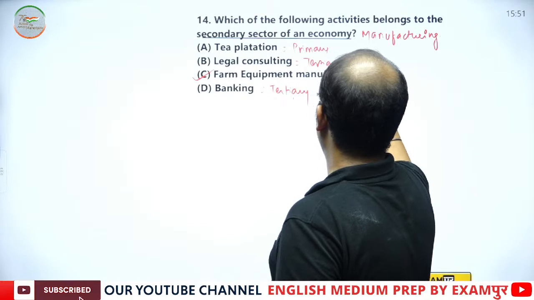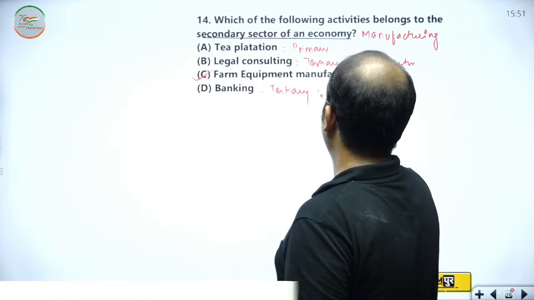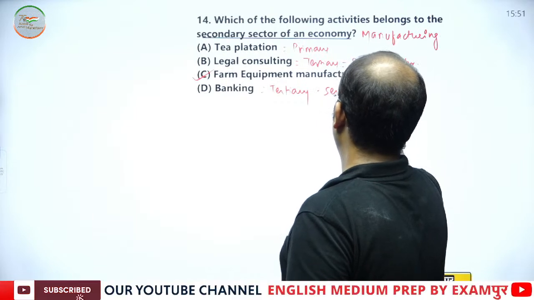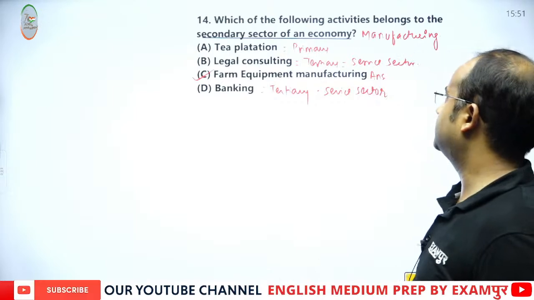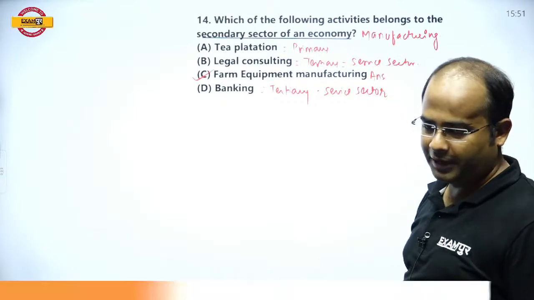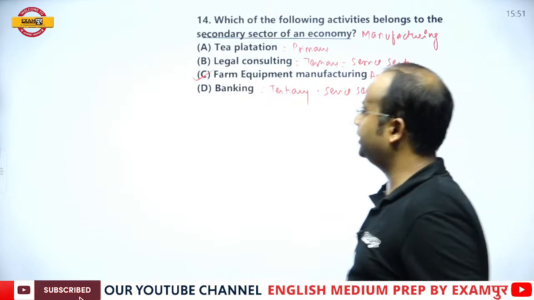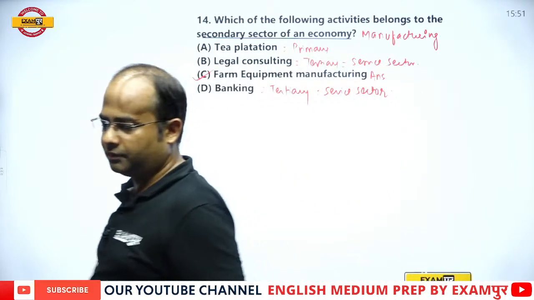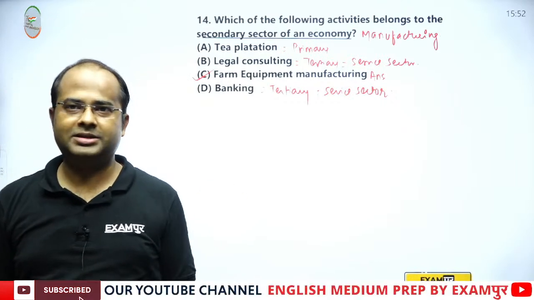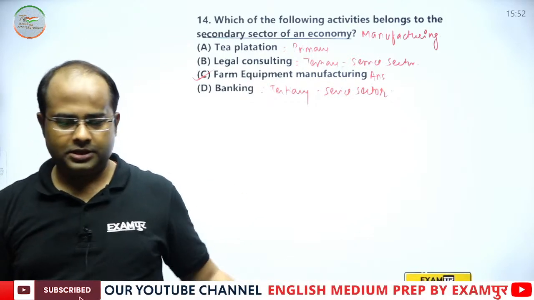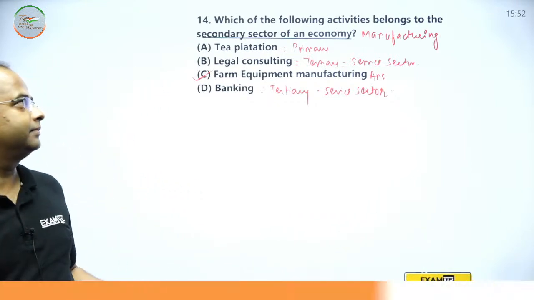Tertiary is also called the service sector. Therefore, the correct answer will be option C, farm equipment manufacturing.